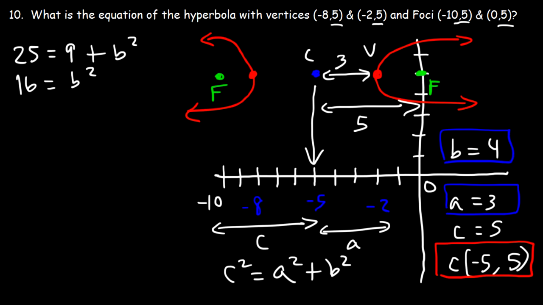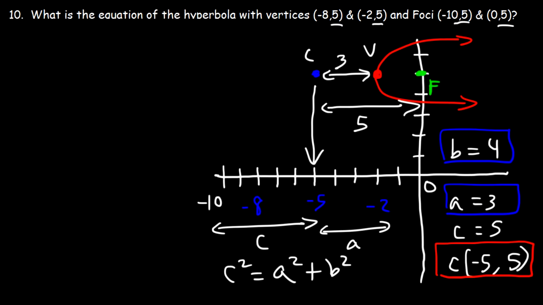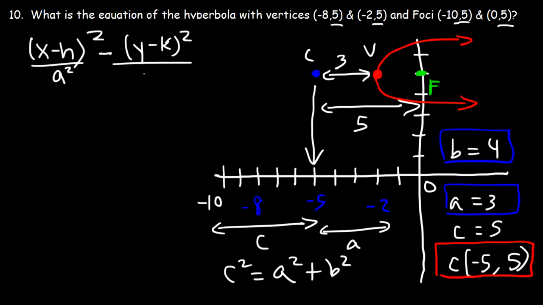So now we can go ahead and write the equation. Because the graph opens to the left and to the right, the x squared portion of the equation is positive. So it's x minus h squared over a squared minus y minus k squared over b squared, which is equal to 1.